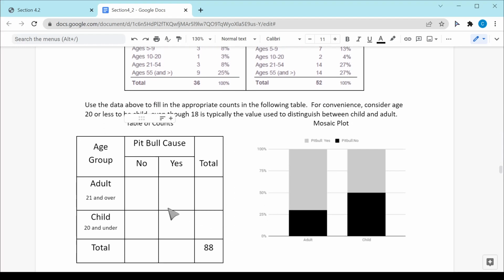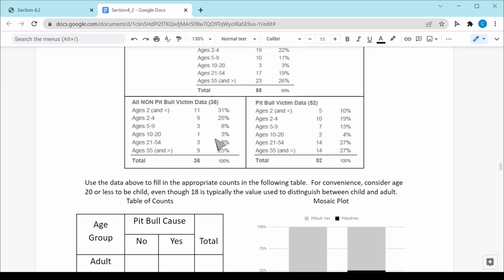So what I have here is a table that I'm interested in looking at, and I want to look at whether or not pit bull was the cause of the death. And I'm going to do that for 2 different age groups, adult and children. So let's look at the right side here. I have people that were killed by pit bulls. So I need the children that were killed by pit bulls, and I'm going to use the first 4 age categories.